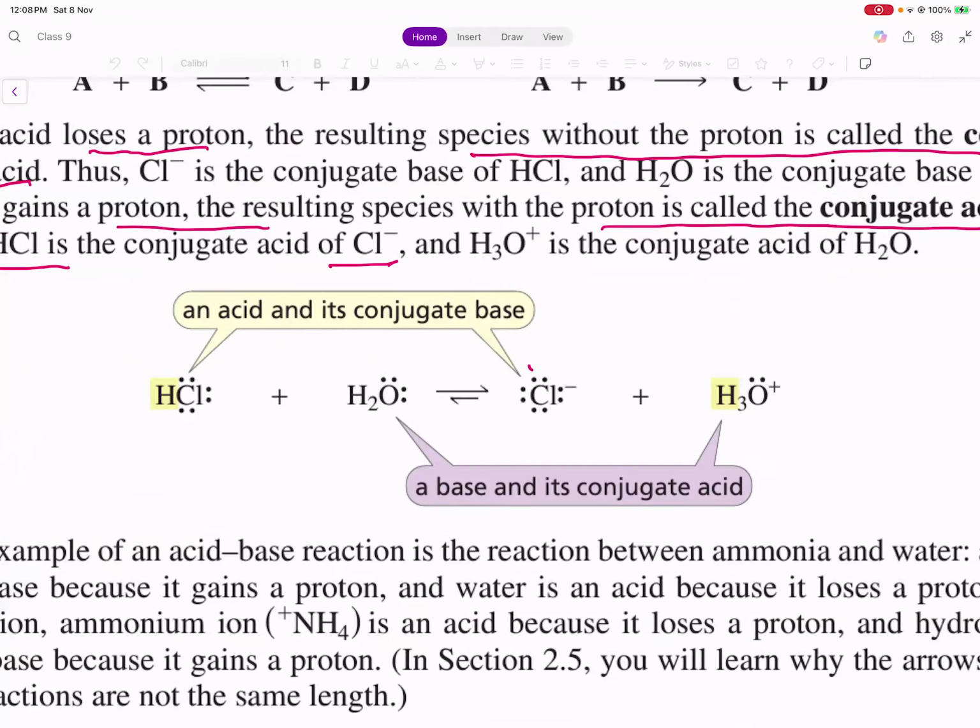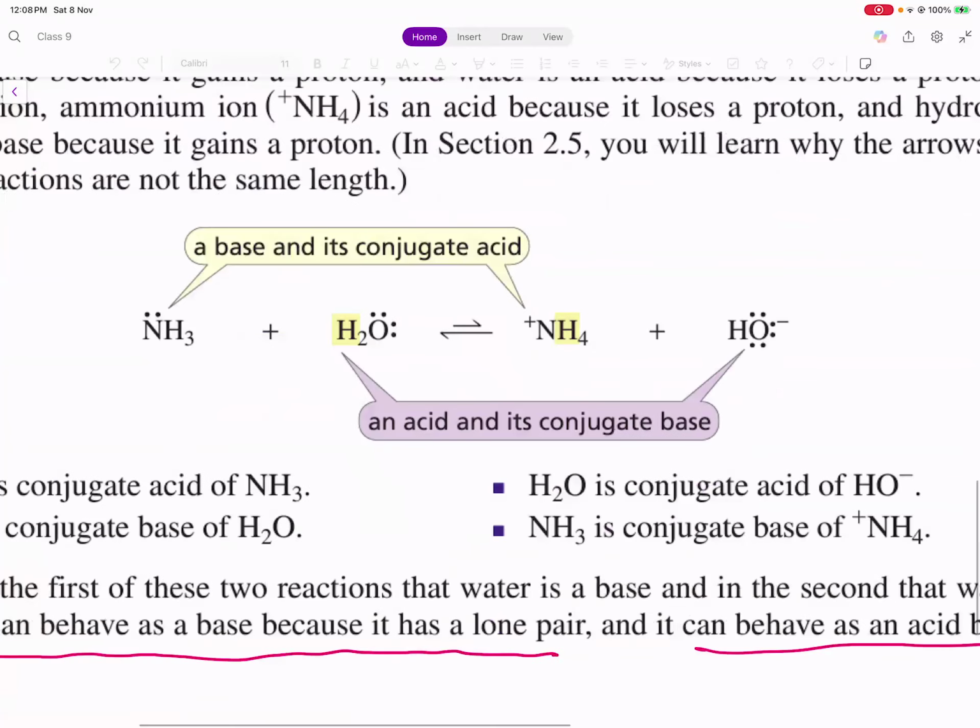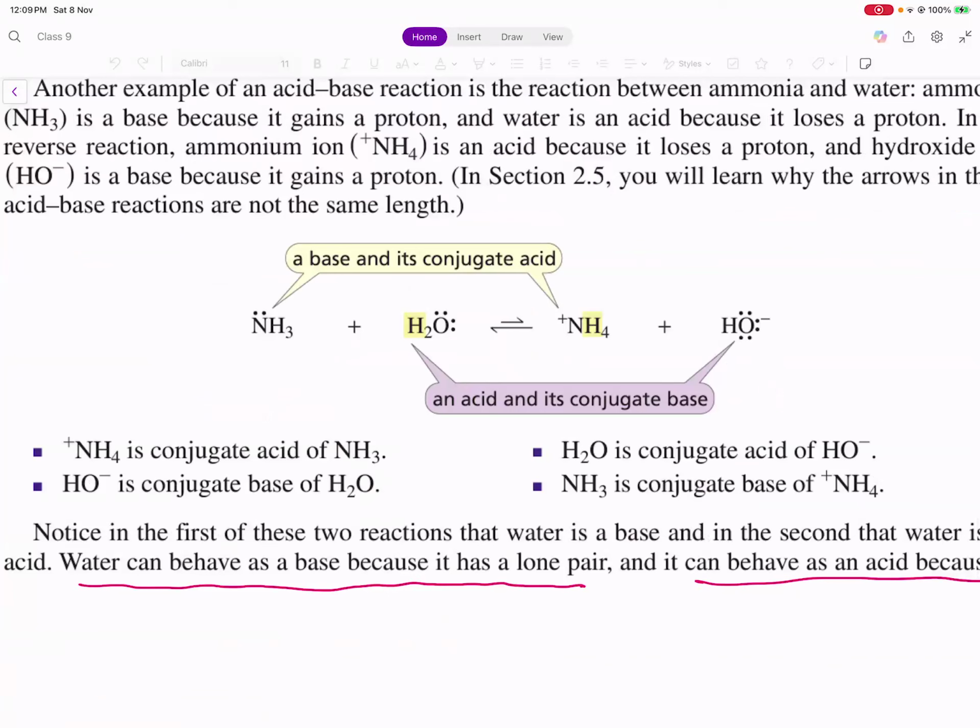If I'm asked to draw a conjugate base of a species, I will simply take H plus out from the species. A base and its conjugate acid, again, same thing. If I'm asked what is the conjugate acid of NH3, I will simply add H plus and we are done with it, right? These are the things we have to do.